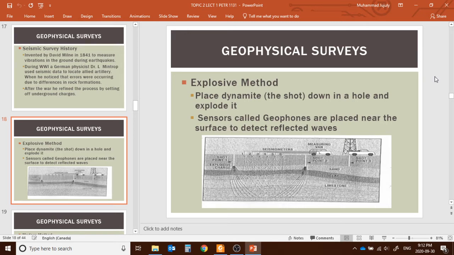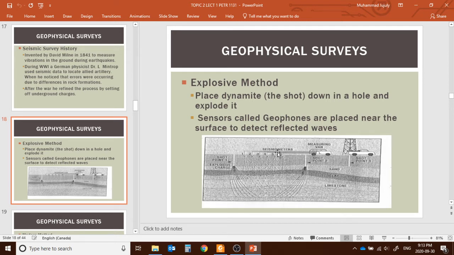Now, how does it work? In earlier times, we set off explosive charges, and when an explosion occurs, what happens? The signals from the vibrations of these explosions go through the layers of rock, and then are reflected back to the sensors.